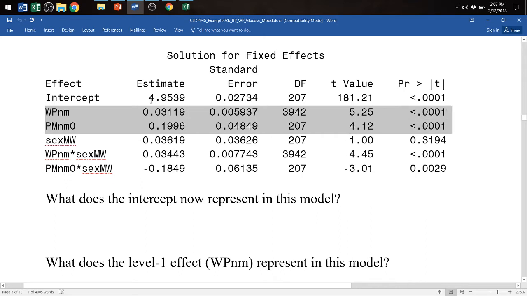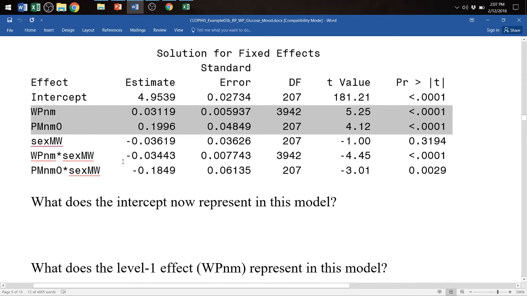My main effects of level 1 within and level 2 between negative mood are now simple main effects, or conditional main effects. They are specifically for what kind of person? What are they conditional on according to my model here?